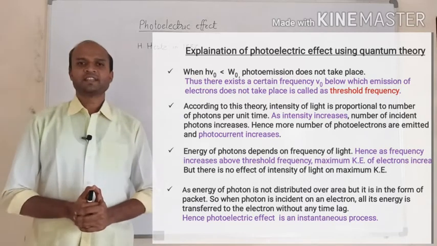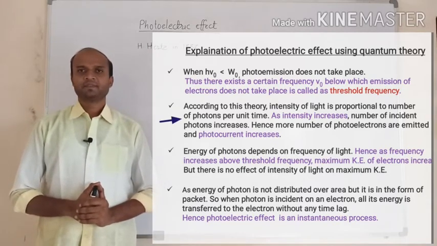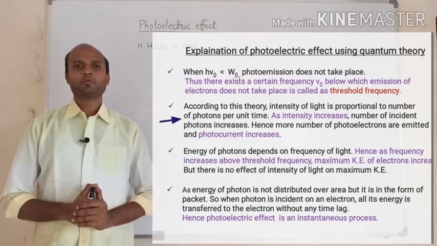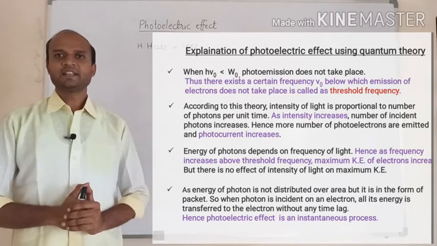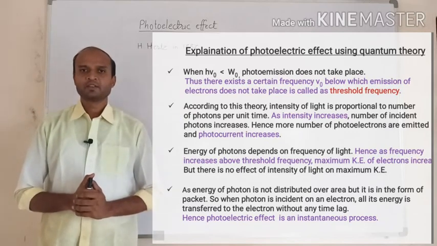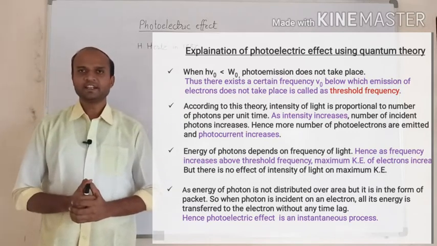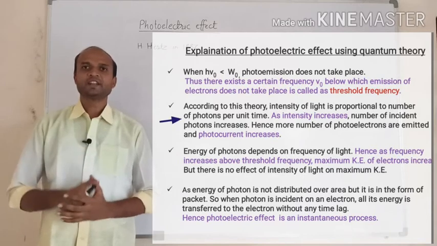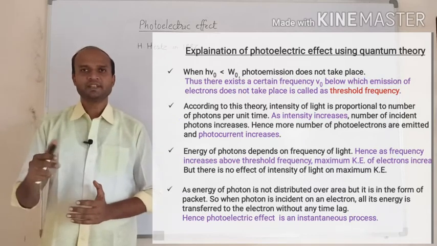Again, according to this theory, intensity of light is proportional to the number of photons per unit time. Intensity means the number of incident photons per unit time. So as the intensity increases, the number of photons incident on a metal per unit time increases.